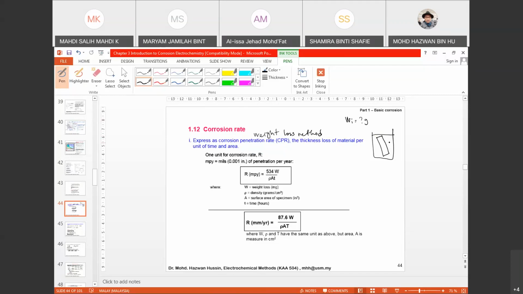After dipping for a certain time, you remove it from the solution and you'll see that the material will experience some degradation or loss. So you will have a final weight after that. The weight loss is basically the difference of mass before and after.